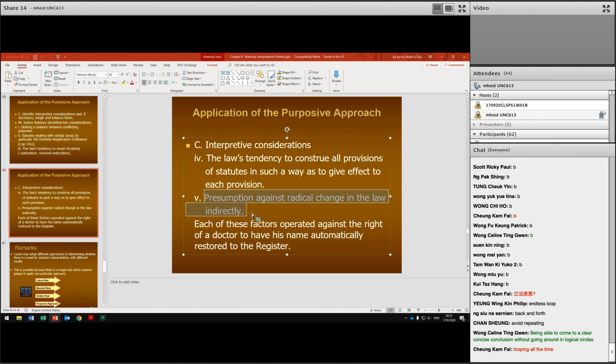The government should not use interpretation of law to replace amendment of law. So it's something highly undesirable.